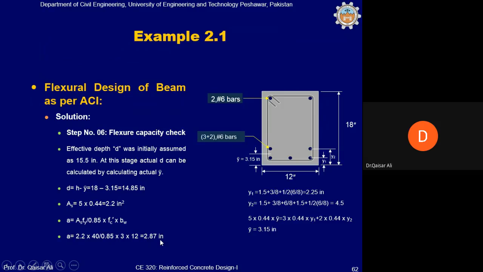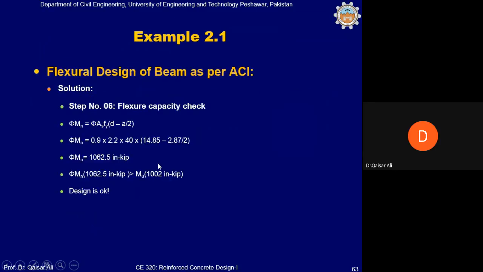And now with this small a and this d, we can exactly calculate the phi Mn which will be given to us by this reinforcement. So phi is 0.9, As is 2.2, fy is 60, d is 14.85, and actual a comes out from this area of steel. So this is 1062.5 inch-kip. Still the phi Mn is greater than 1002 inch-kip. Why?